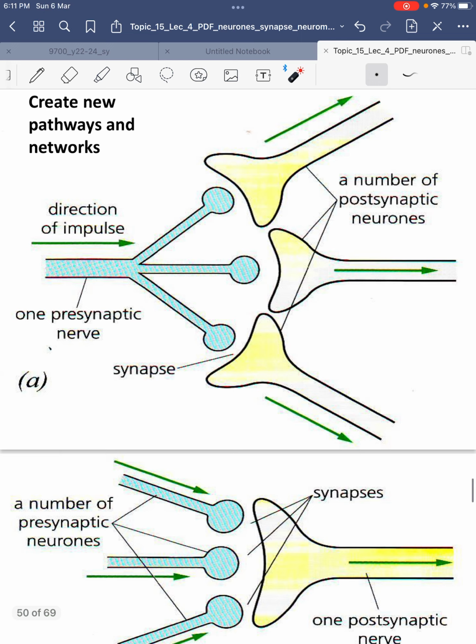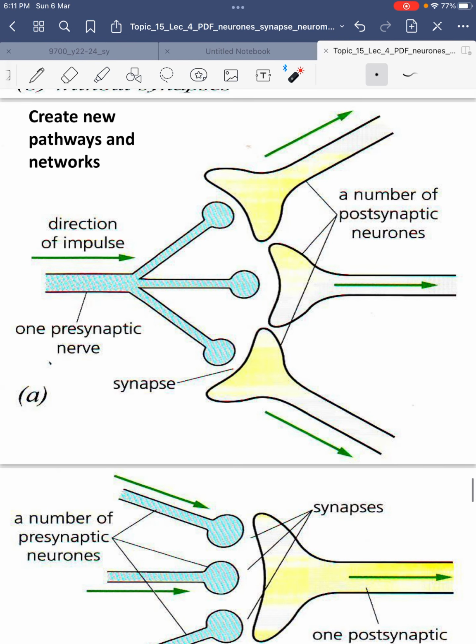They create new pathways and networks. This is a very good example when you do sports activity.